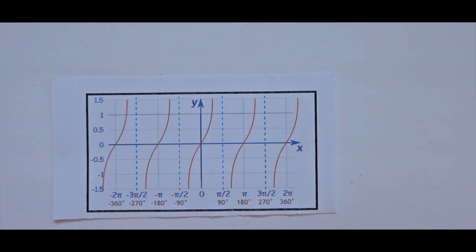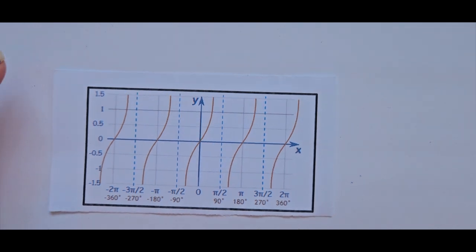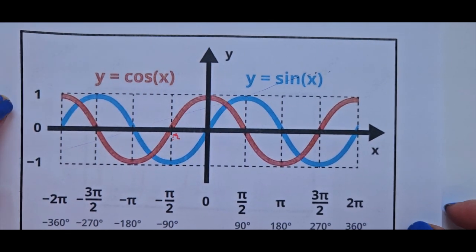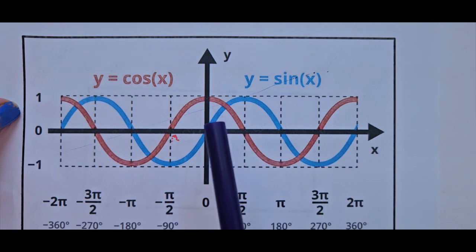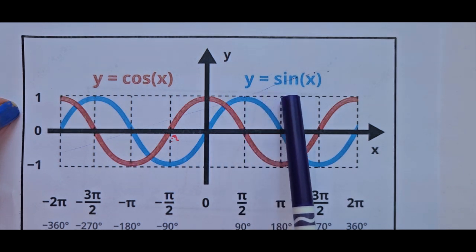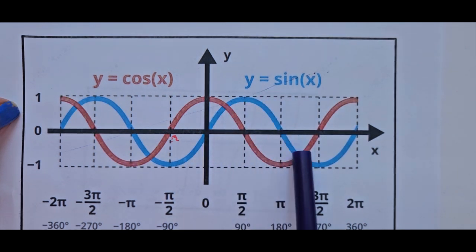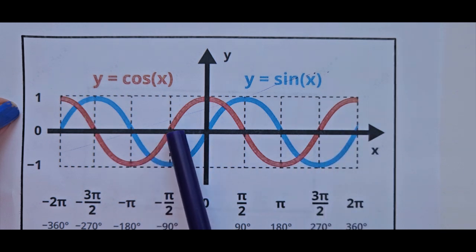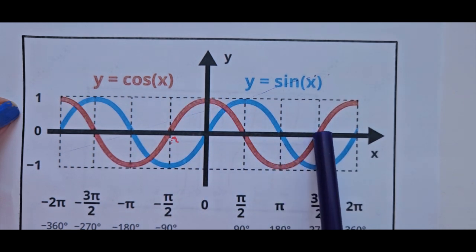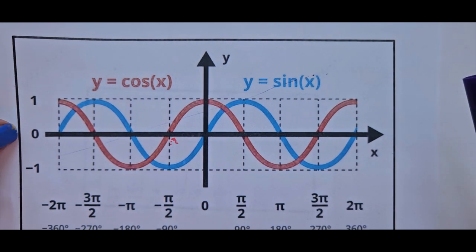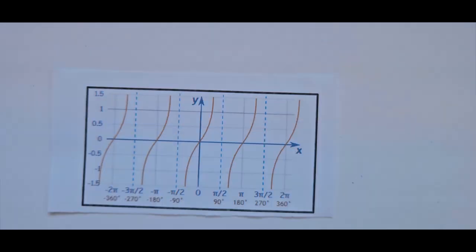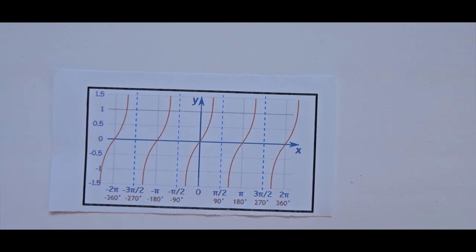So if I want to recap the period of a sine and cosine in its most simple form with amplitude 1, it's 360. That means in 360, I would have one full cycle, okay, one full shape. But in tangent, the period is half of it, right?